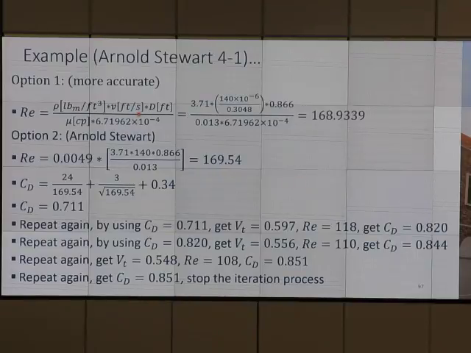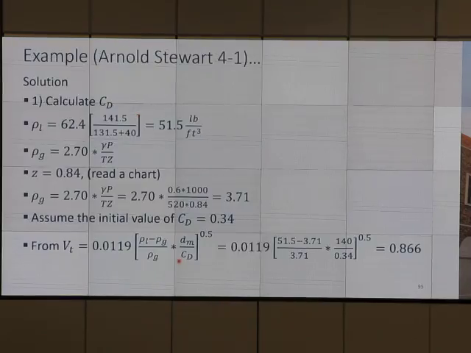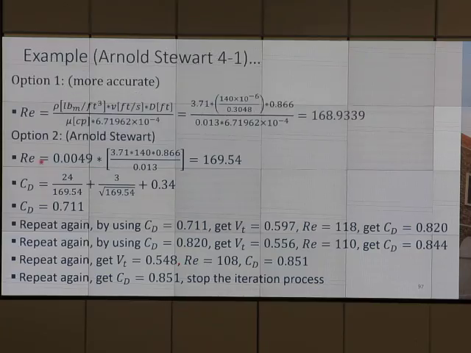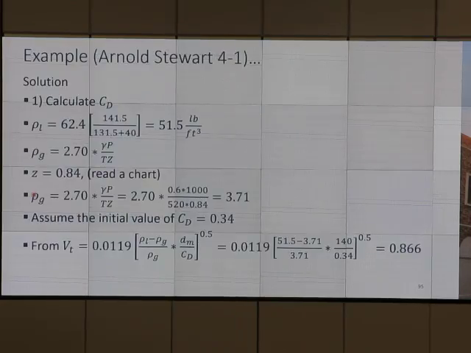Once you get V sub T, put that back and calculate the Reynolds number again. From the Reynolds number, calculate a new value of C sub D. Initially, we assume the value of C sub D equal to 0.34, right?